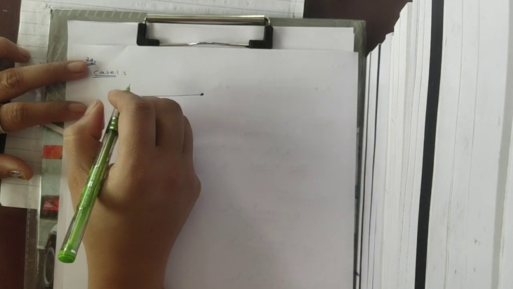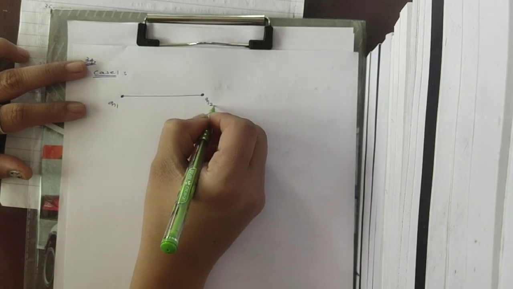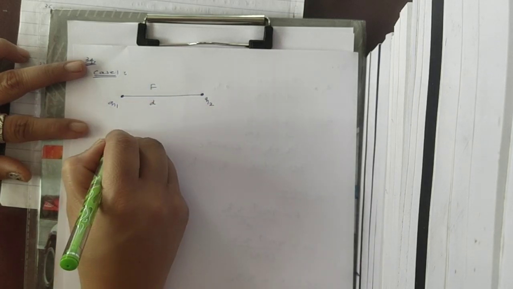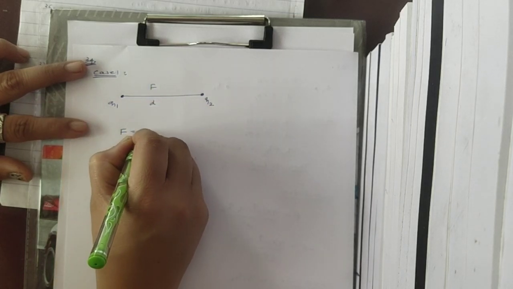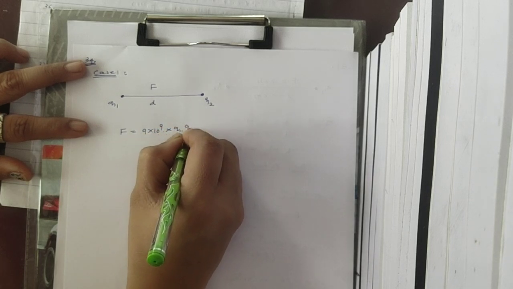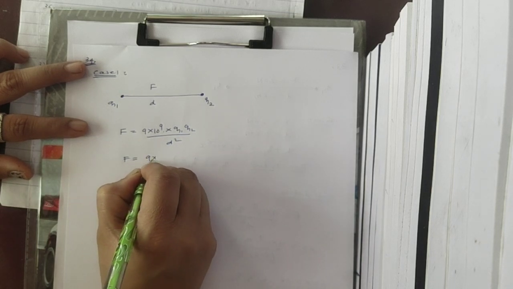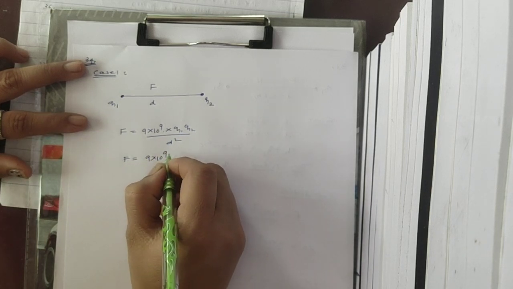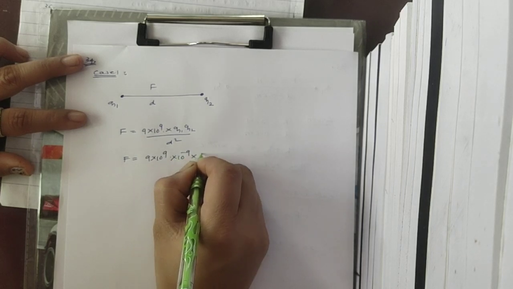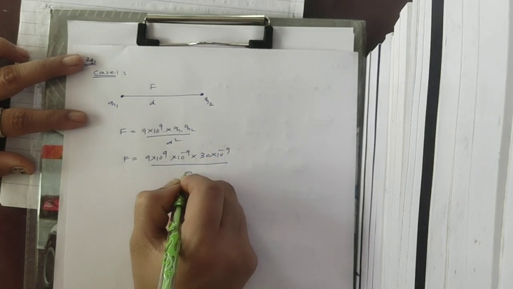The force between two charges Q1, Q2 separated by a certain distance has a certain value. F equal to 9 into 10 to the power 9 Q1 into Q2 divided by D square. Given Q1 is 10 nanocoulomb, Q2 is 30 nanocoulomb, distance we don't know.